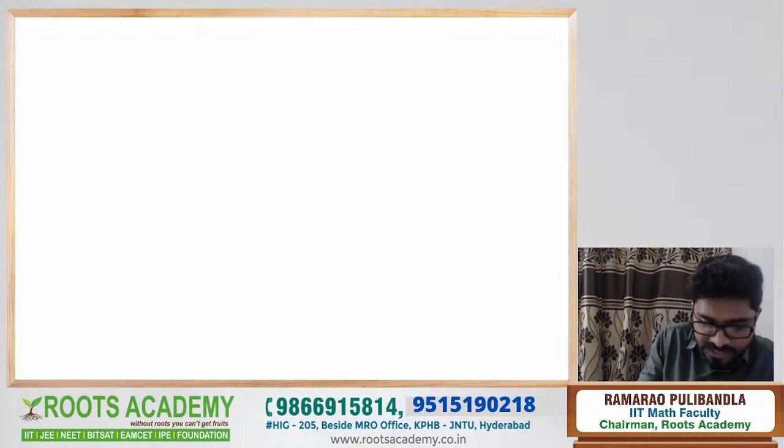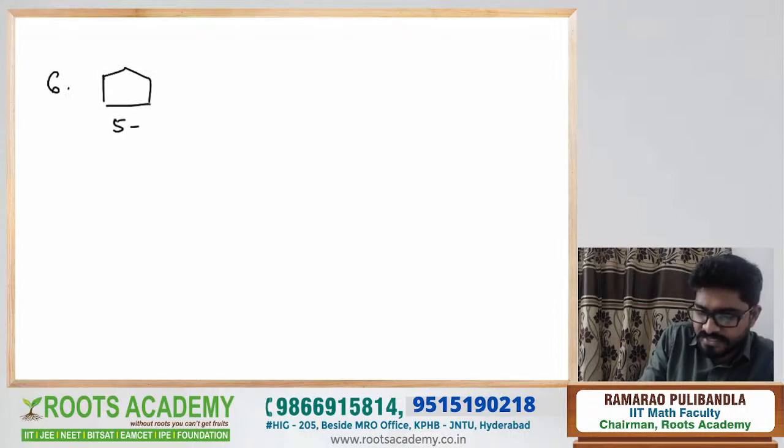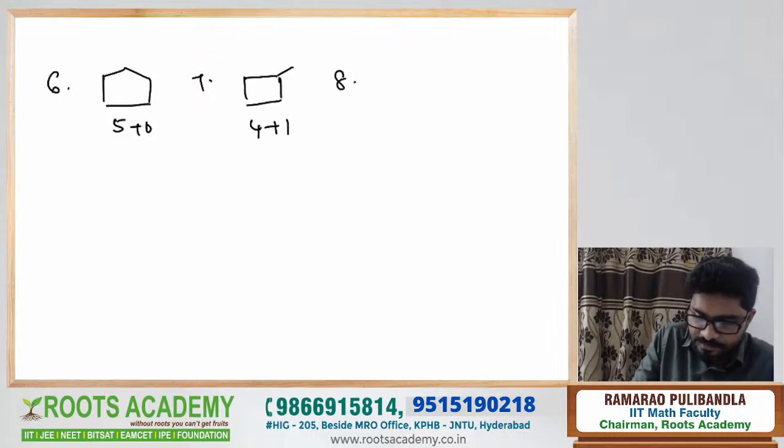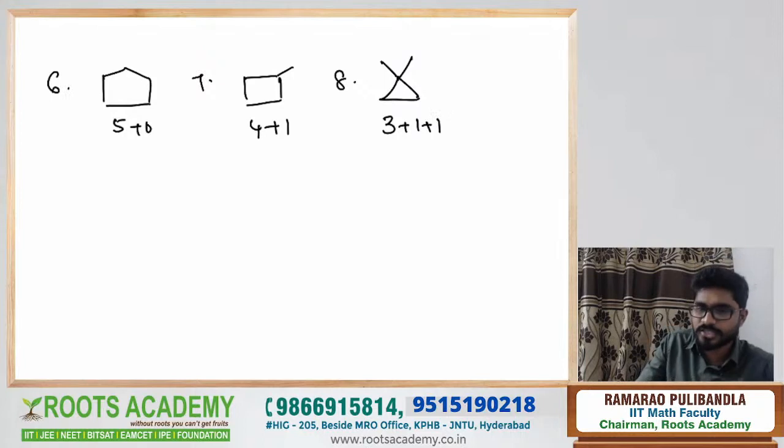Next, come to the ring. Sixth one is, I'm taking the ring compound, guys, 5 plus 0. Seventh one is 4 plus 1. Eighth one is 3 plus 1 plus 1. Total should be 5 only, no? Ninth one, I can write in this way.